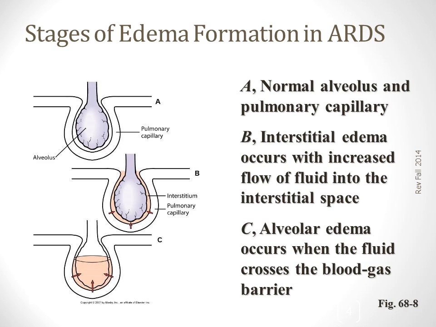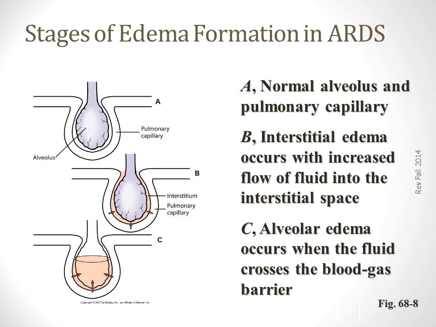Take a look here at this slide. I'm going to give you a general overview using this particular slide. If you look at figure A, you see that you have a normal alveoli with no fluid. It has a pulmonary capillary surrounding it, and between the pulmonary capillary and the alveoli is what we call the pulmonary interstitial space.